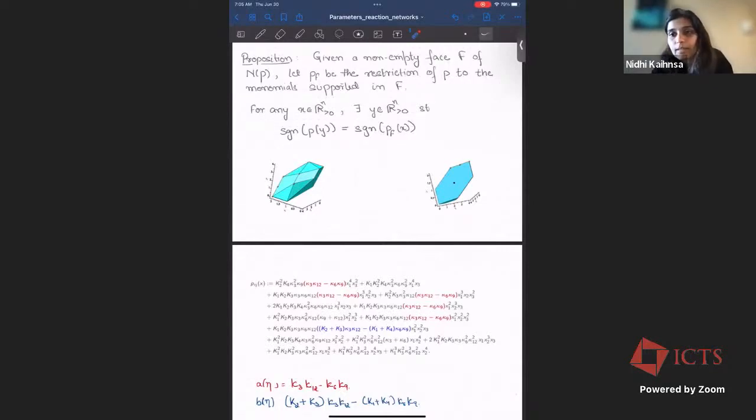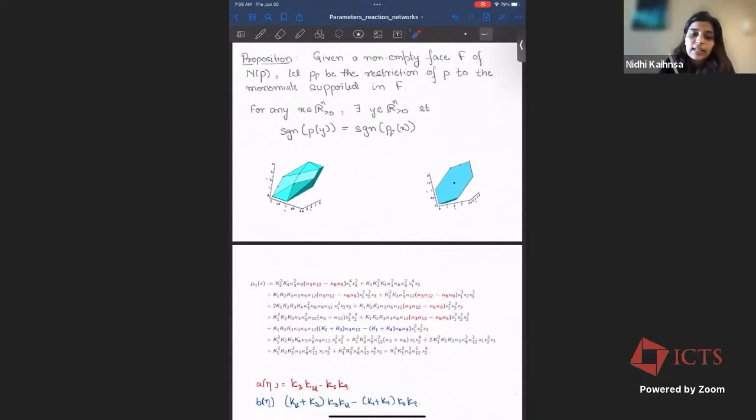And B eta is supported in the interior of a two-dimensional face of the polytope. So if A eta is negative, then we are done. Then we will get multistationarity.